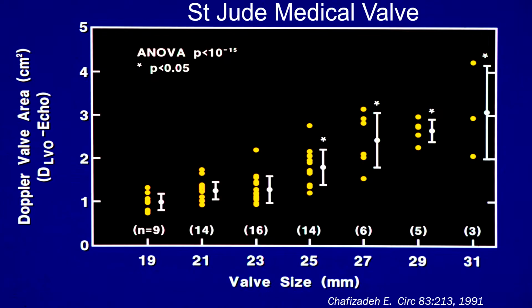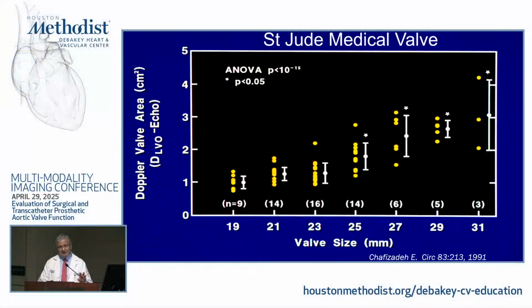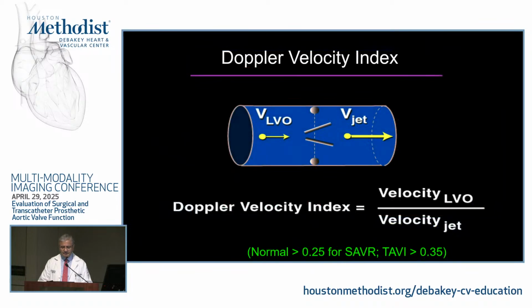So knowing also that this valve is rather small, we know there is an overestimation of the gradient, but this is what's reported as normal, and it can be down as low as 0.85 centimeter squared normally if you have a very small valve. Reason to enlarge, if possible, the aortic root to try to accommodate a larger valve and have less of an issue with these valves.